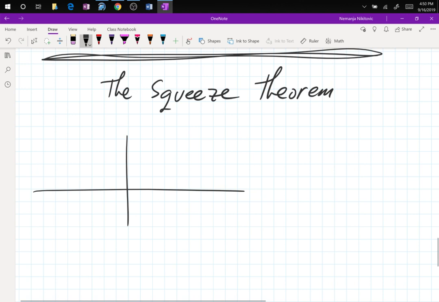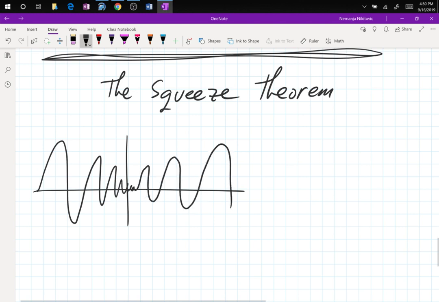But a trig function is going to go over here, and then it's going to do, let's say, like that. So you can't make the smooth guess looking at the chart of values, because you're going to have a positive value followed by a negative value followed by a positive value. It is just too much in that case.